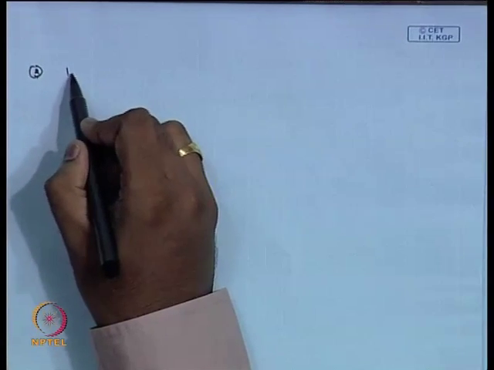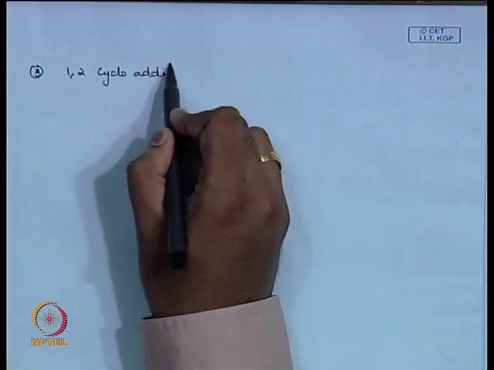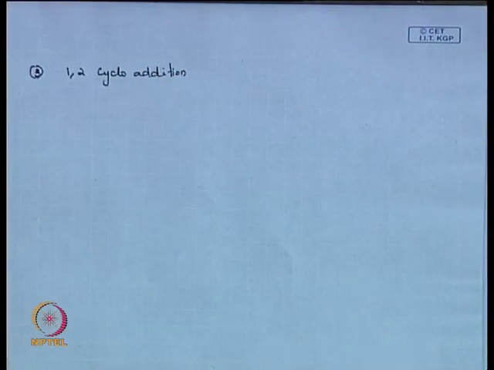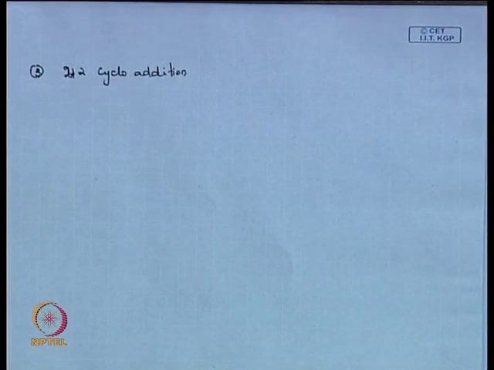Now we will see the third one. You have seen 4 plus 2 cycloaddition, which is your Diels-Alder.